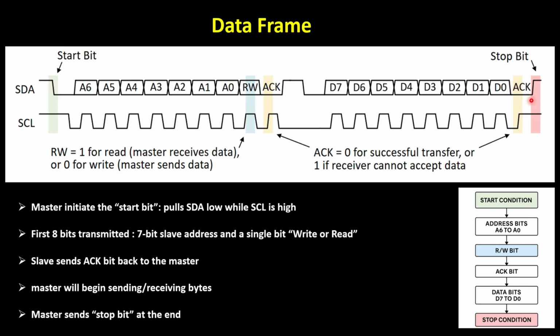At the end of the protocol, the master will send the stop bit to indicate that the communication between the master and that slave node is finished. So you can see all the steps that I explained in this block diagram: we have a start condition, we send the address bits and the read-write mode, after that we receive the acknowledge, after that we send the data, and at the end, we have the stop condition.